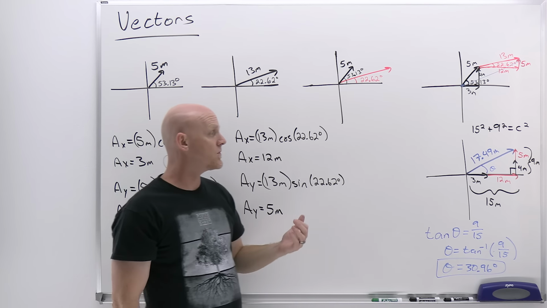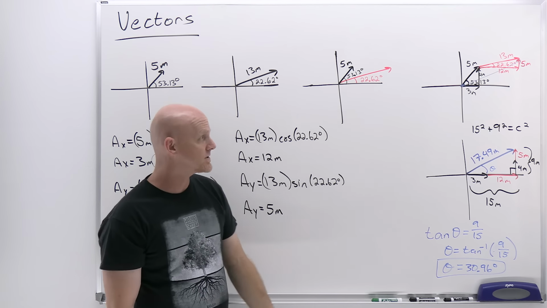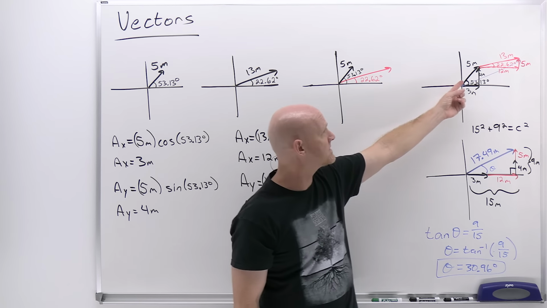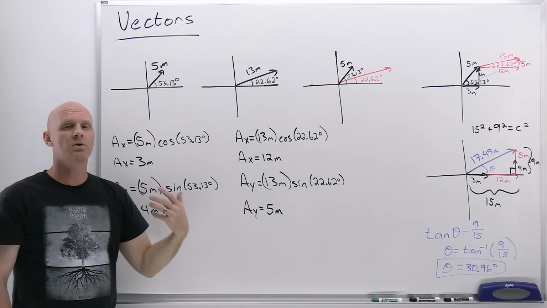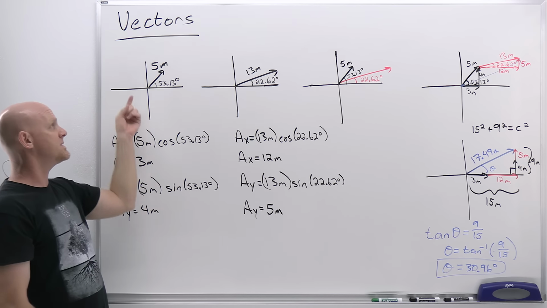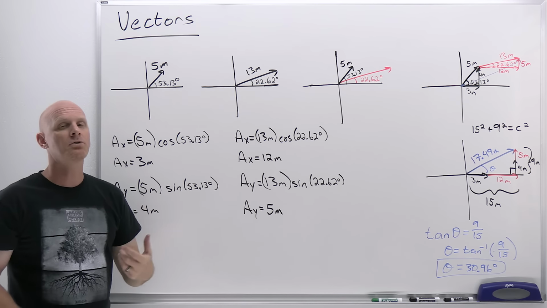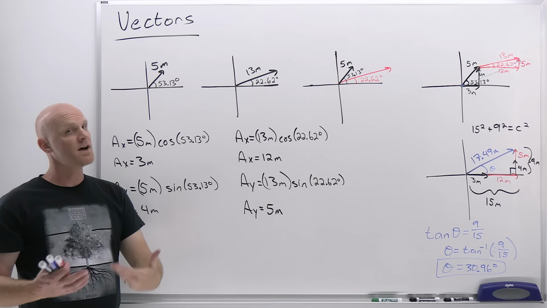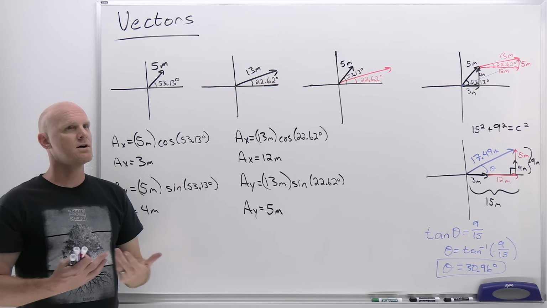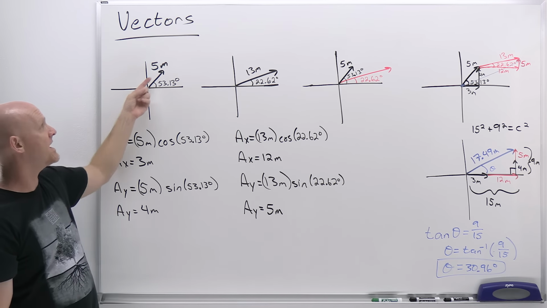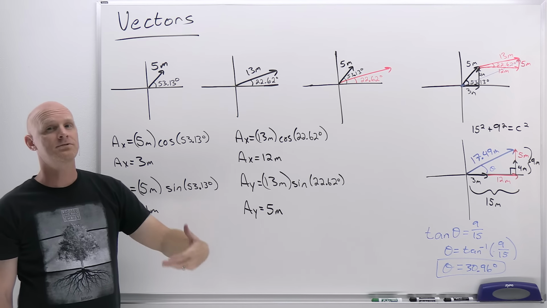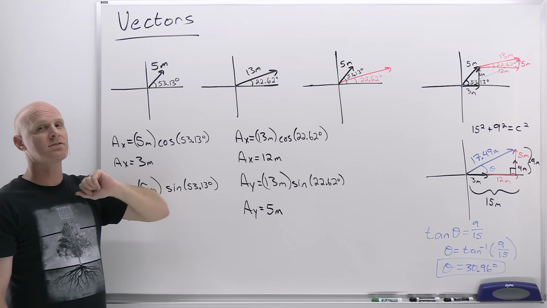It turns out you can also multiply vectors by scalars. So let's go back to the original. If I want to take this vector right here and multiply it by 3, that just means it gets 3 times longer. When you multiply a vector by a scalar, you get a vector that's just augmented by whatever scalar you multiplied it by. So if I multiply by 3, instead of being 5 meters, it would now be 15 meters, but in the exact same direction.